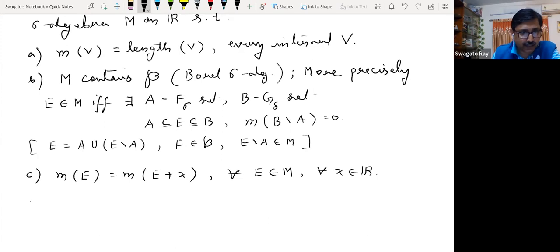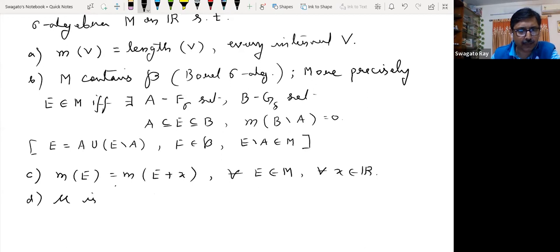And then the property D, which is more interesting, that suppose you have a measure mu. Well, for you, perhaps measure always means positive, so let's not write positive.